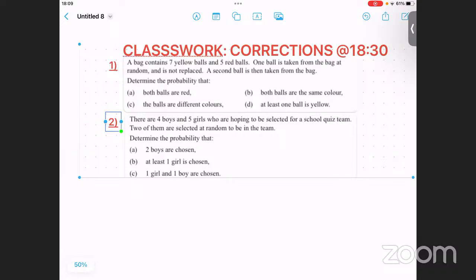So I told you guys before, to answer this type of question, you have to draw a tree diagram to make your life easier. Okay. It's not a must. If they don't say draw it, you don't have to draw it. But when you draw it, you'll be doing it for yourself.